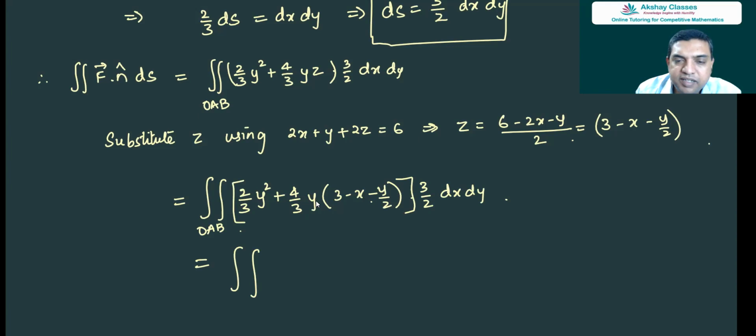This 4 by 3 y minus y by 2, we'll get minus 2y square by 3, and plus 2y square by 3 gets cancelled. Then we are left with 4y minus 4 by 3 xy, times 3 upon 2 dx dy.